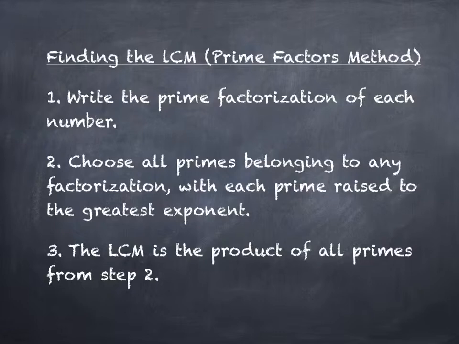And then you're going to write them to the highest exponent that's present instead of the lowest exponent that's present. So this is raising each to the greatest exponent. And then you multiply all those values together, and that gives you a least common multiple.